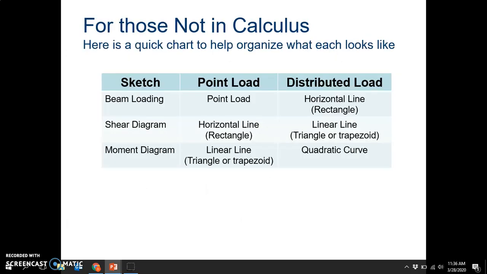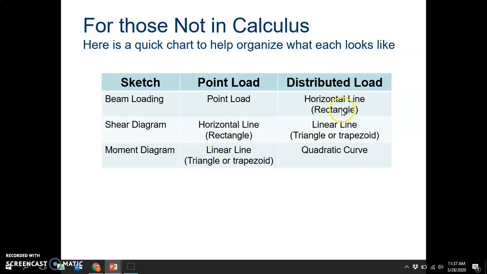For those not in calculus, let's just have a quick chart to summarize. If you have a point load on the beam, it is just an arrow at that individual point. Then, on the shear diagram, those point loads create horizontal lines and rectangular shapes. Then the moment diagram, the area underneath a rectangle, would be a linear line, or like a triangle, like y equals mx plus b.